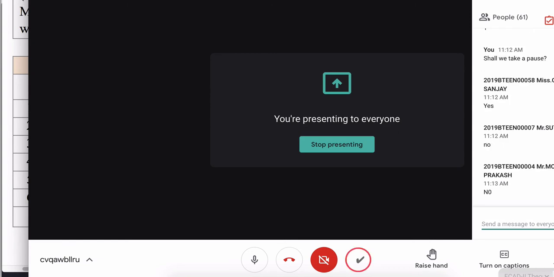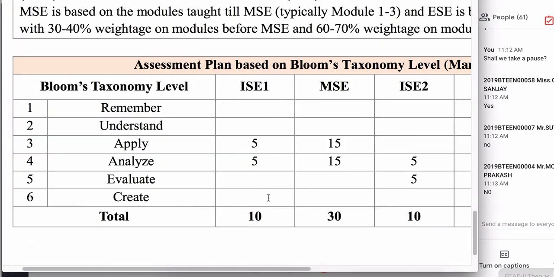Anyway, in the end semester we will have written questions. The whole idea is to look at the situation and then take some decisions, but the idea is to go to apply level and analyze level. ये बहुत important है. The type of question is not important.